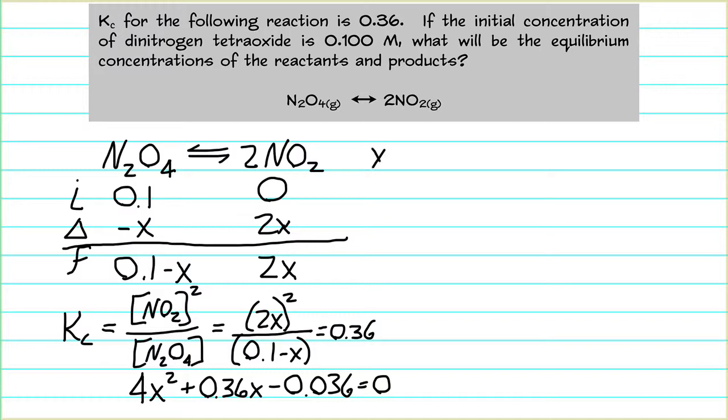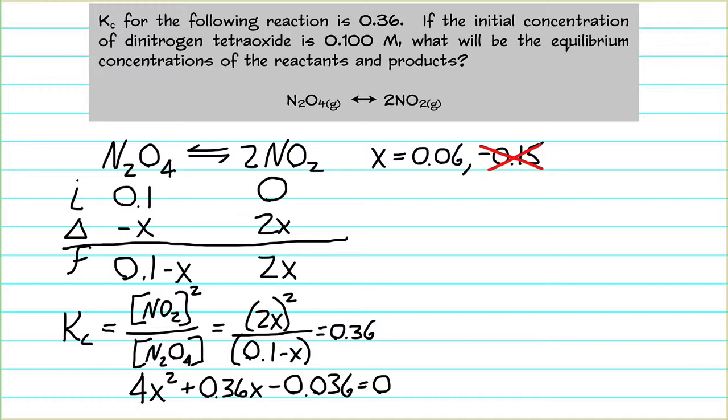And when I solve using the quadratic equation, the two values that I get are 0.06 and negative 0.15. Well, the negative 0.15 is not a realistic answer, since we would have to form more reactant and we don't have any product to form it from, so this one is definitely out. And our x value is 0.06.